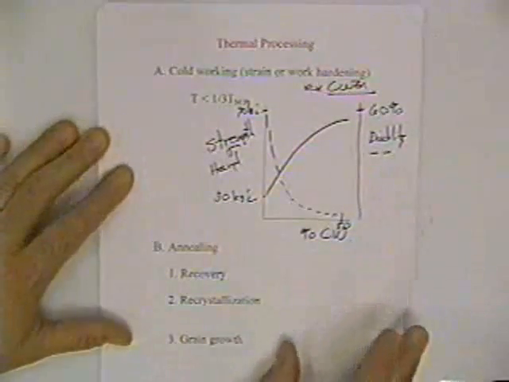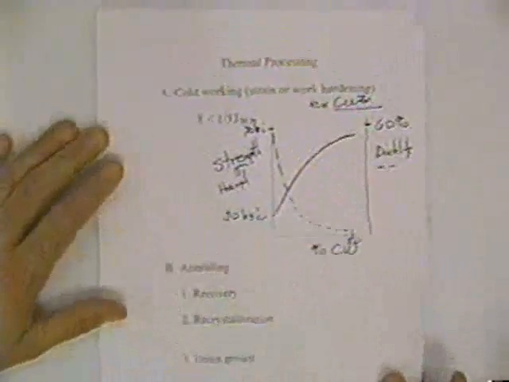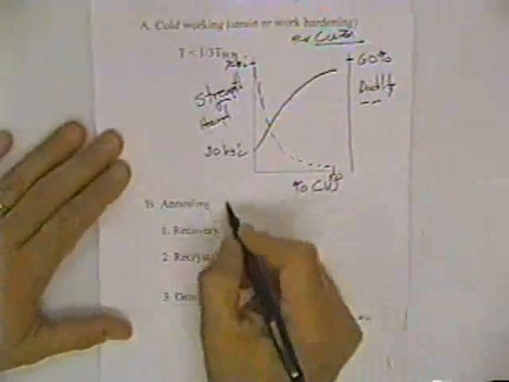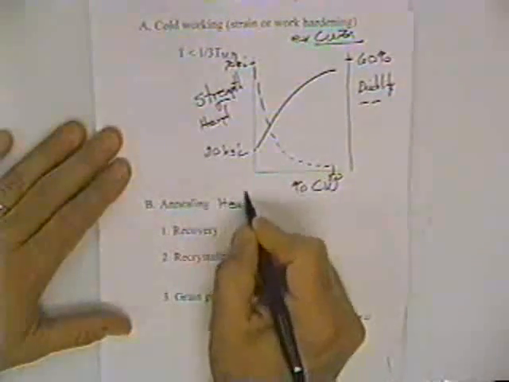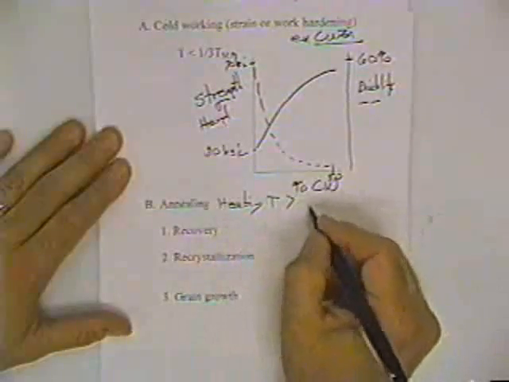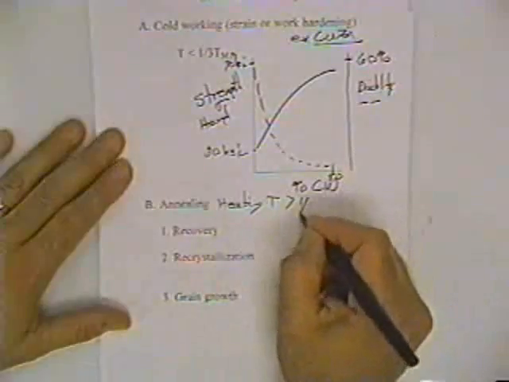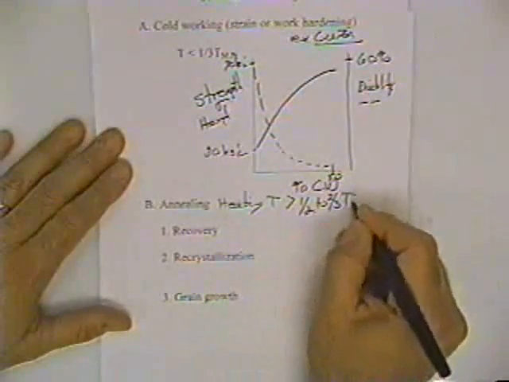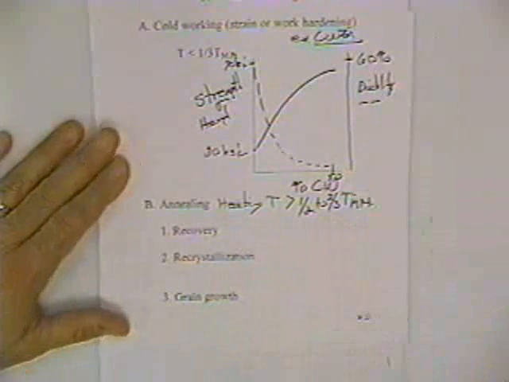Now, is this recoverable? Well, the answer is yes, and the process is called annealing. And annealing involves heating to a temperature generally greater than half to 2/3 of the melting point.